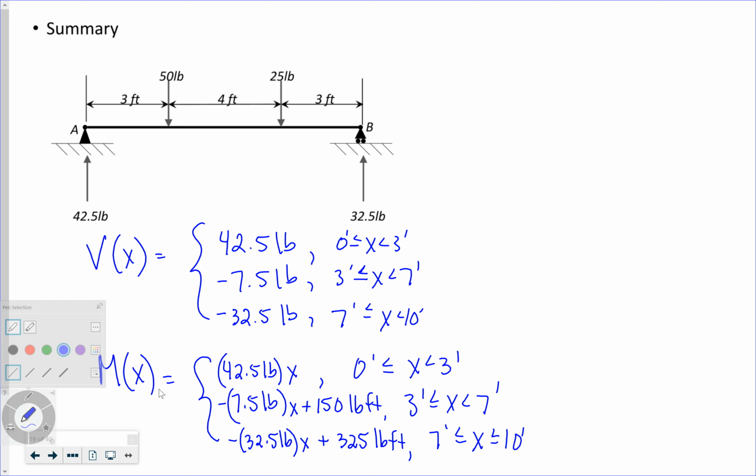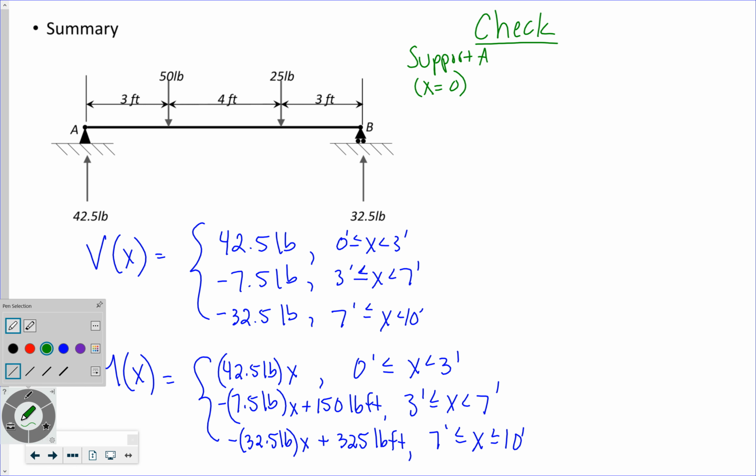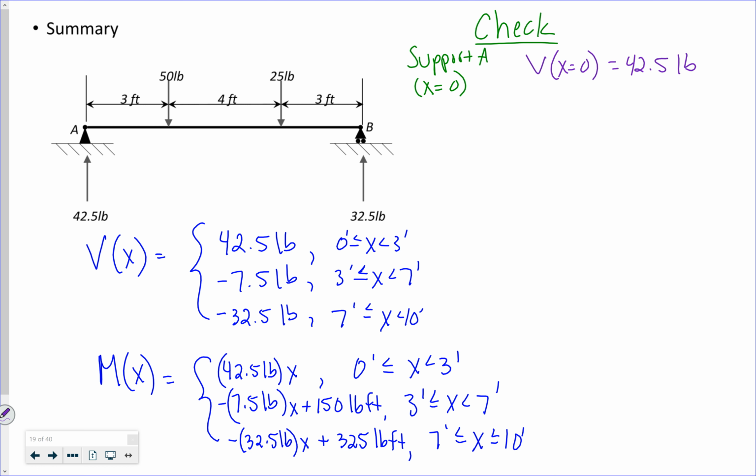Now let's do a little sanity check, right? First of all, let's look at support A. Support A is where X is equal to 0. So my shear at X equal to 0 is 42.5 pounds.